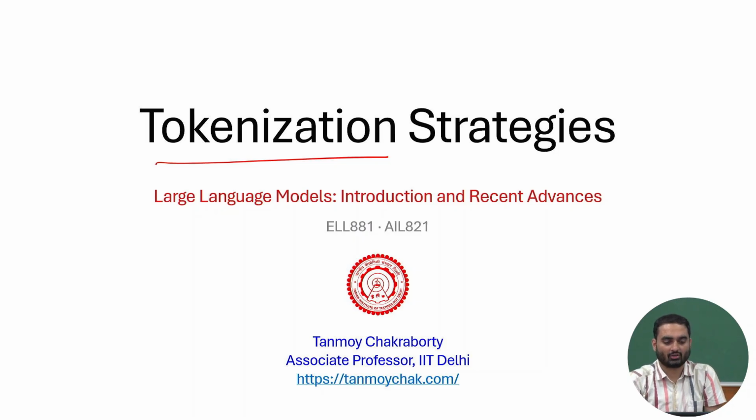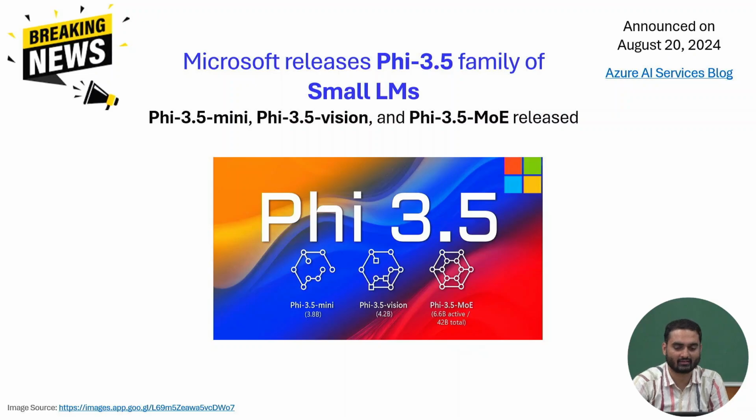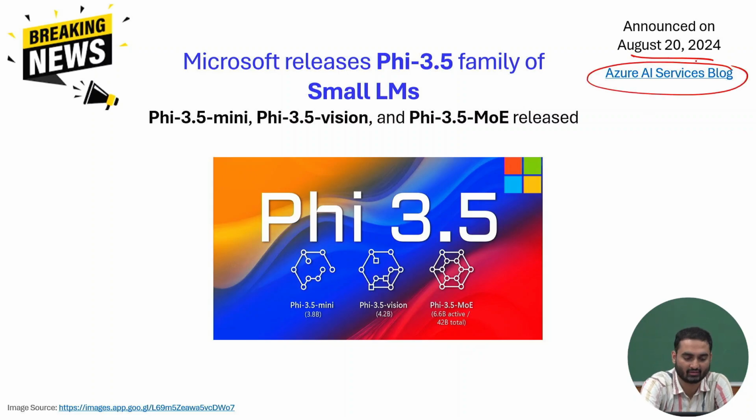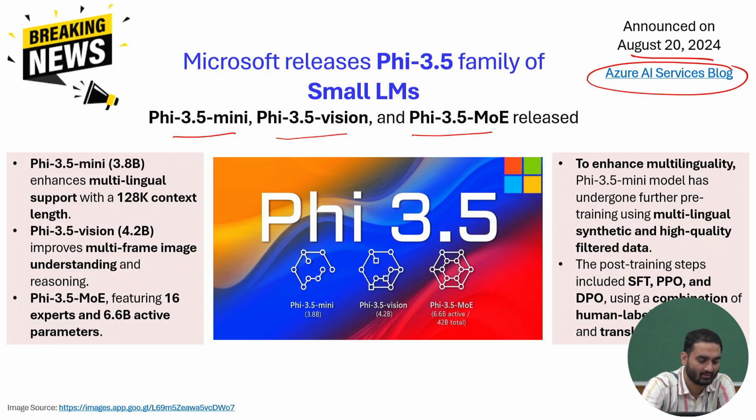Okay, so before that, today's breaking news is as follows. Microsoft recently released the Phi 3.5 family of small language models. This was released in August. You can look at this blog post in Azure AI services. So 3.5 mini, 3.5 vision, 3.5 mixture of experts were released.